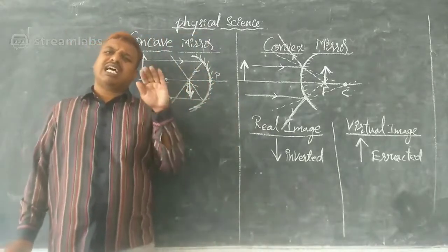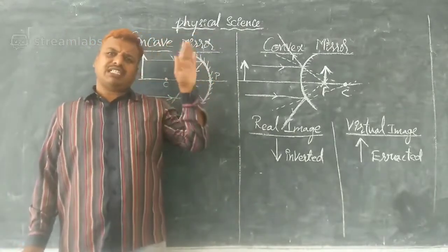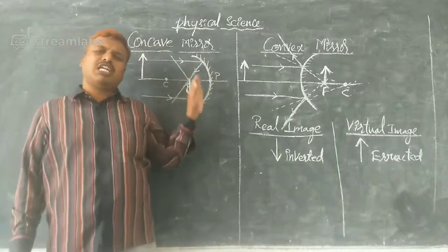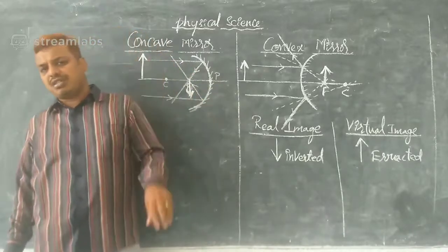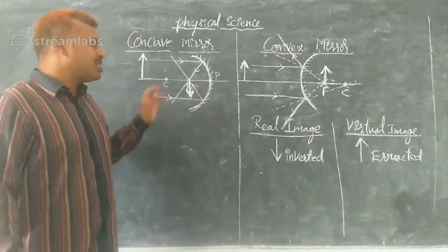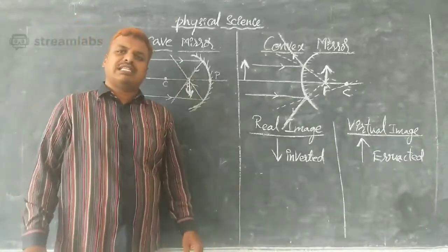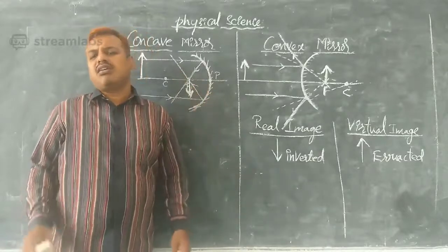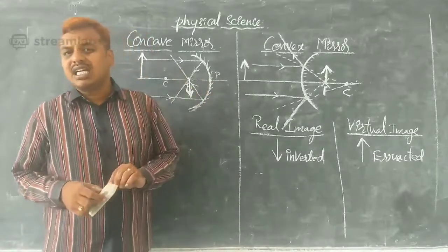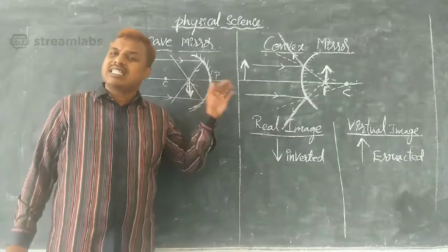Then, if you take the surface of the concave mirror, the surface is inverted into it, shrunk inside. That is just like a cave.